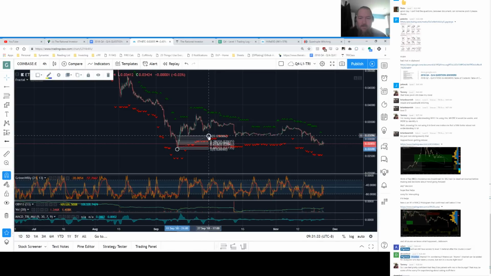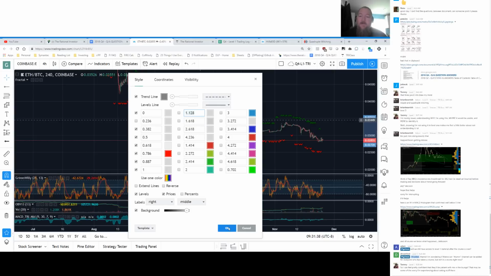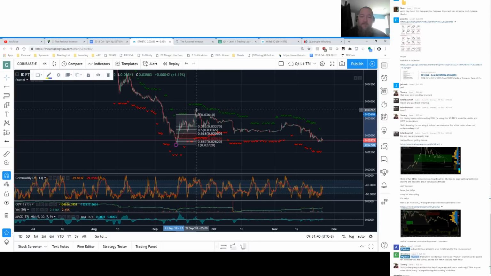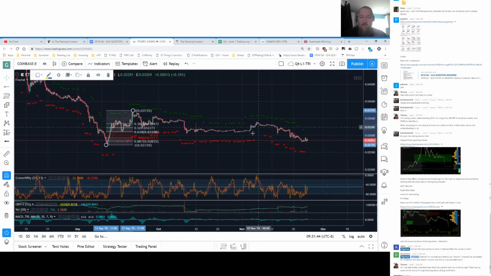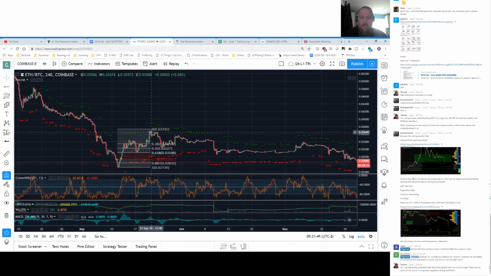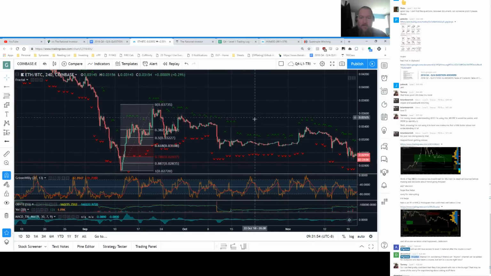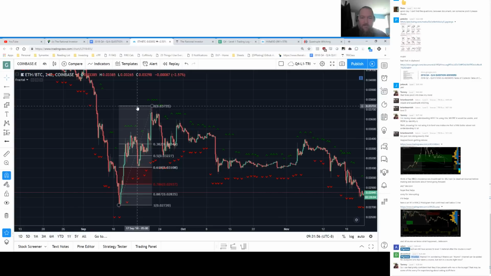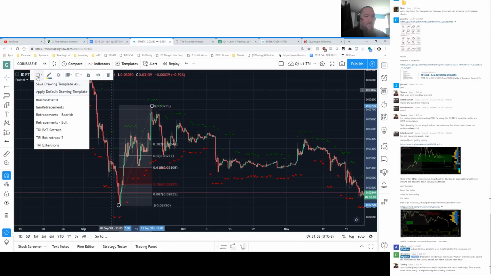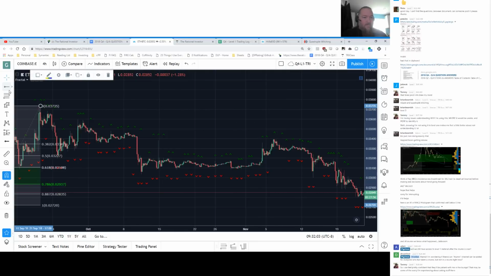Sorry, my fibs drew backwards. So this previous move up here. Let's draw some reload zone.